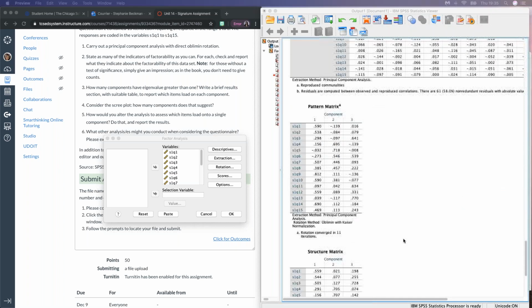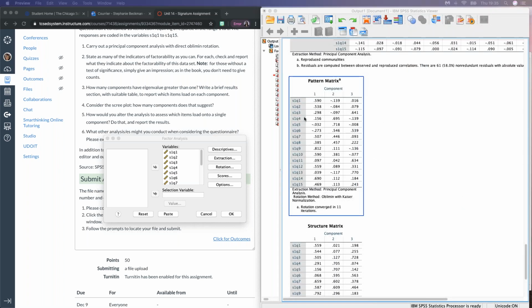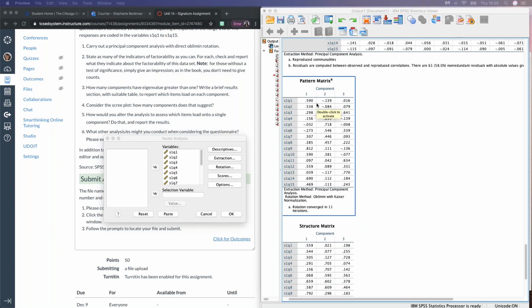So when I look at the pattern matrix, this question is getting at, let's say one of the aspects of mindfulness is, I don't even have a good example, the ability to stay present. And then the other question is about the ability to guide your thinking.